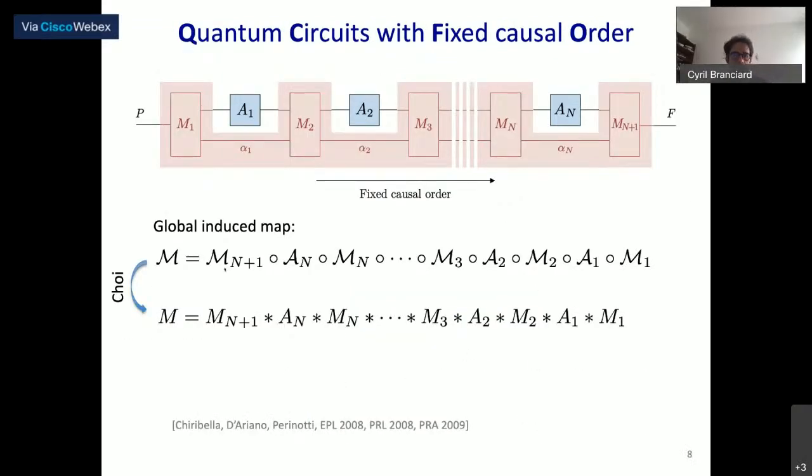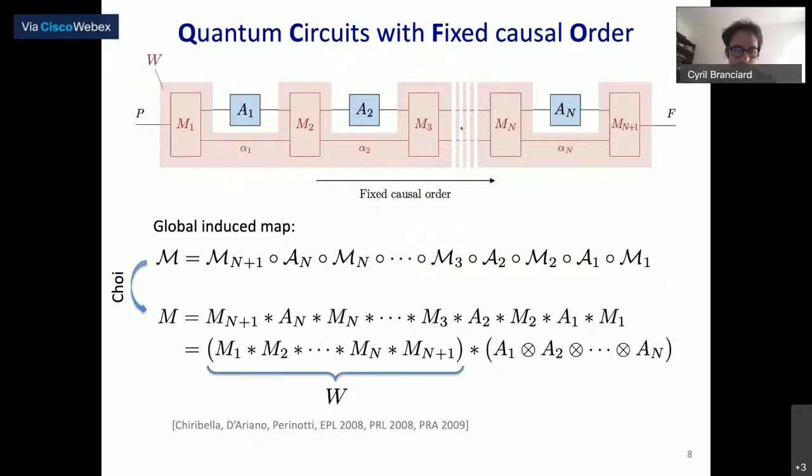Essentially, this Choi isomorphism allows us to write this composition of maps as just a product of those Choi matrices representing each operation. This so-called link product is commutative and associative if you define it properly. So you can rewrite this product in this form.